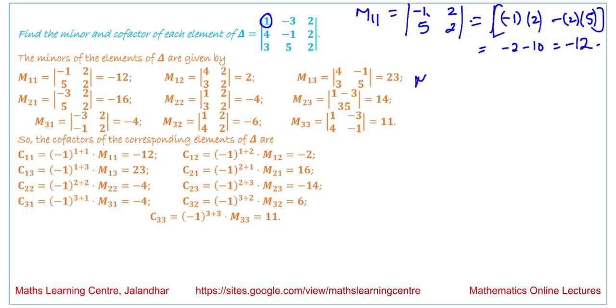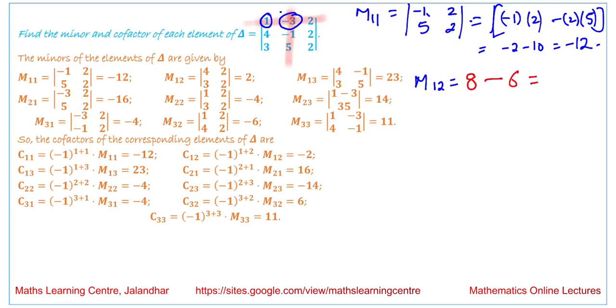Similarly, when we are calculating the value of M12, we are talking about this term. So we are neglecting this column and this row. What we are left with now is 4, 2, 3 and 2. So it is 4 into 2 is 8 minus 3 into 2 is 6.